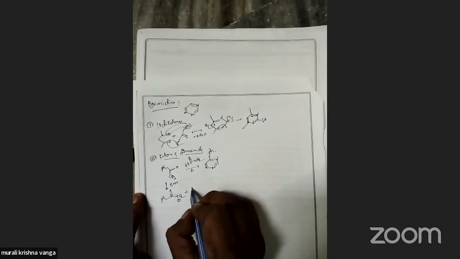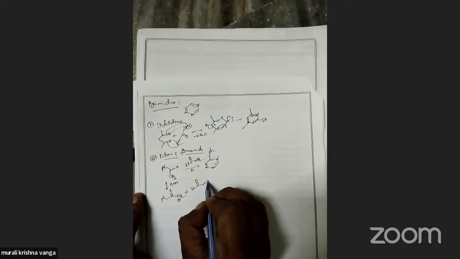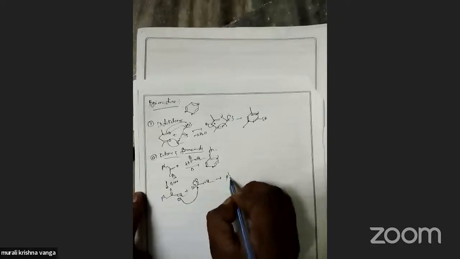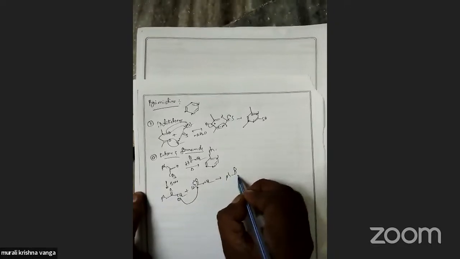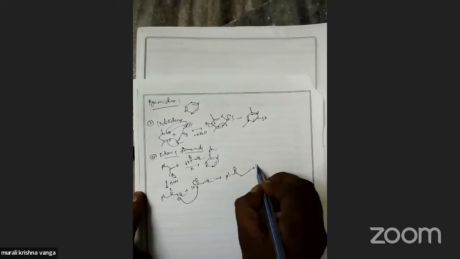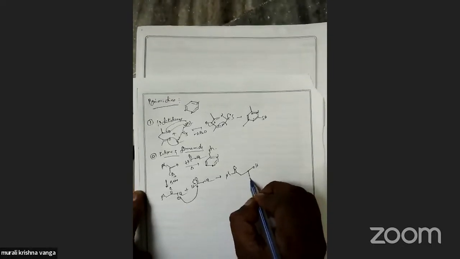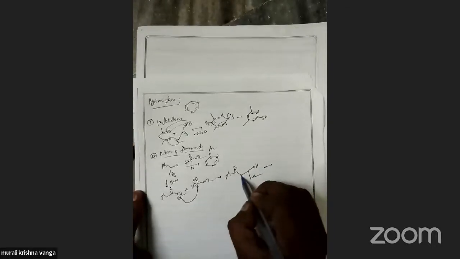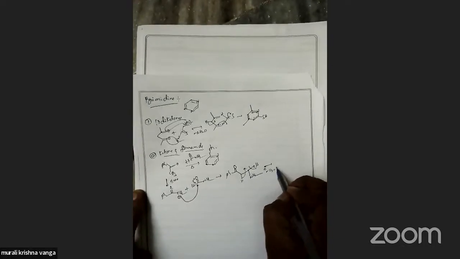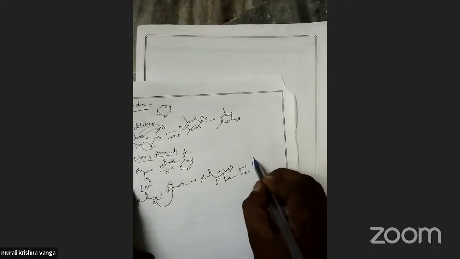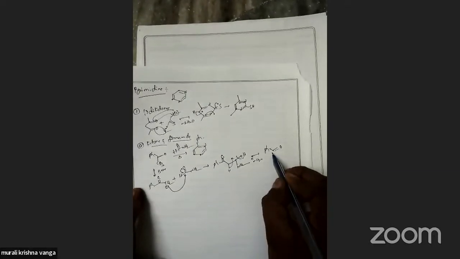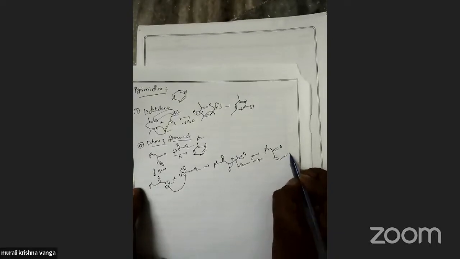It then reacts with formamide: the nucleophile attacks the amide carbonyl, the pi bond shifts towards oxygen, giving OH and NH2. Upon heating, loss of water gives phenyl C double bond O and double bond NH2.